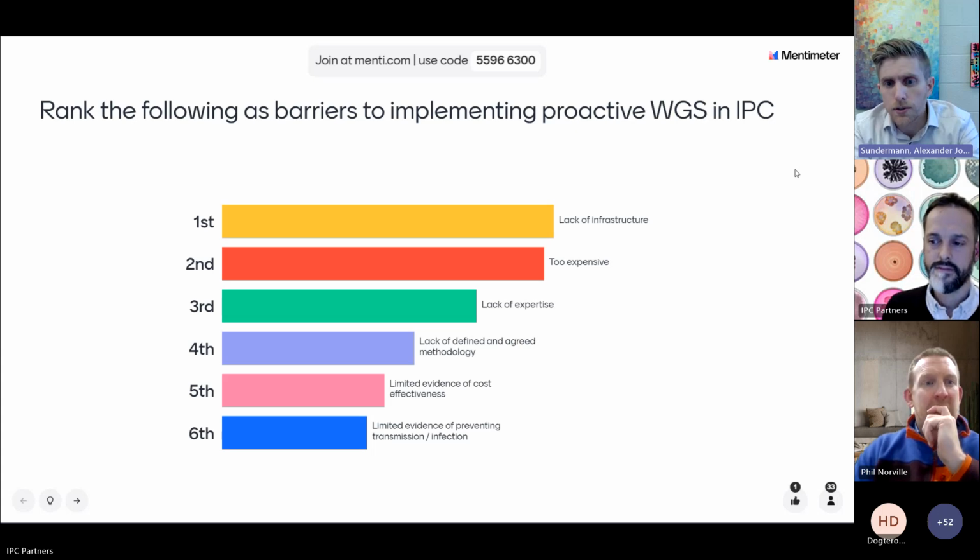There are commercial companies or public health agencies that can allow you to send samples to them, that have the infrastructure, that may be able to offer it at a lower cost, and provide analysis so that you don't necessarily need that expertise.